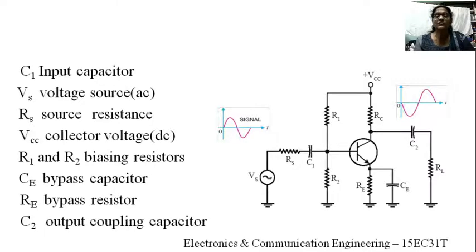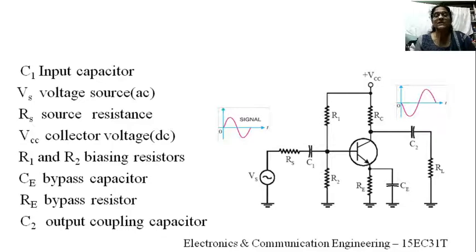Therefore it is a small signal voltage amplifier, and this circuit is the small signal common emitter RC coupled amplifier. In this circuit we will see what components are used.